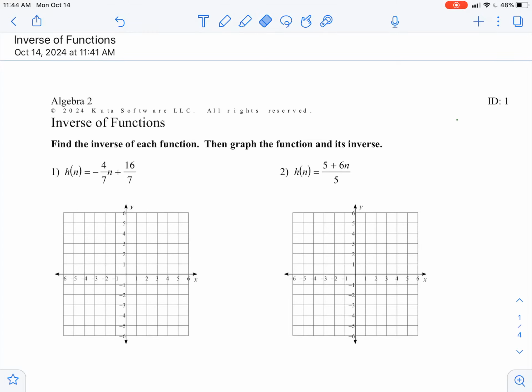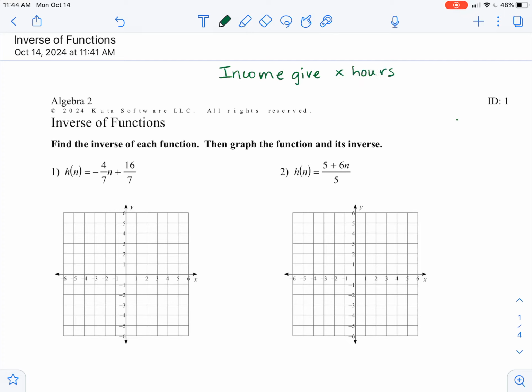Okay, so let's talk about inverse of functions today. So what an inverse is, think of an example. Normally, we would say, what is maybe your income, given that you work X hours, okay?